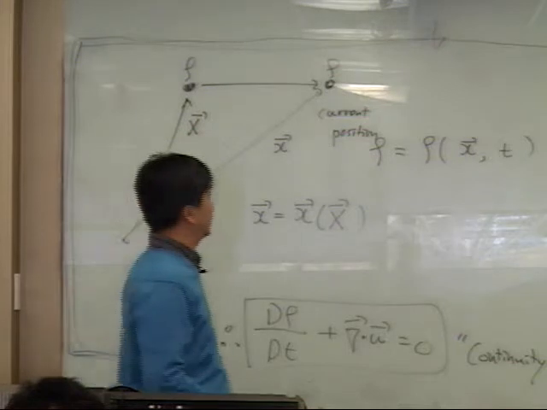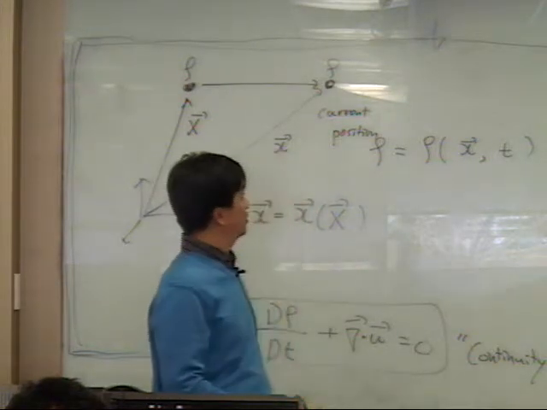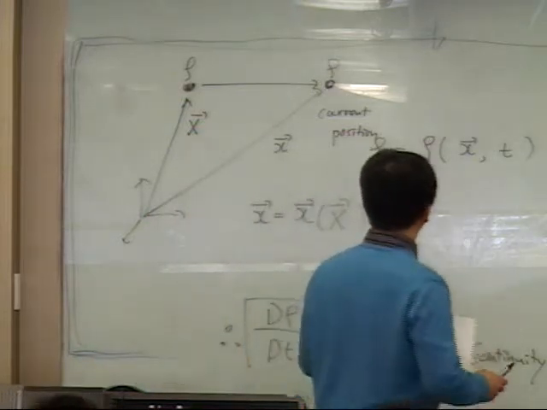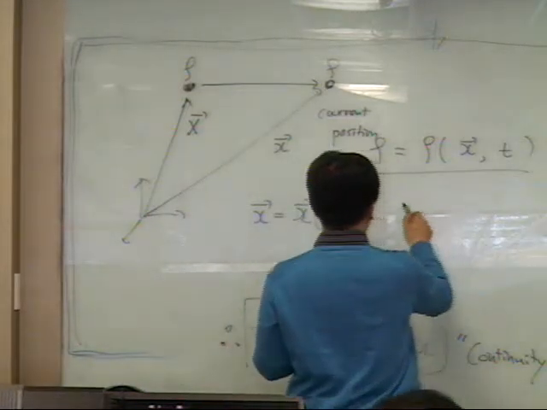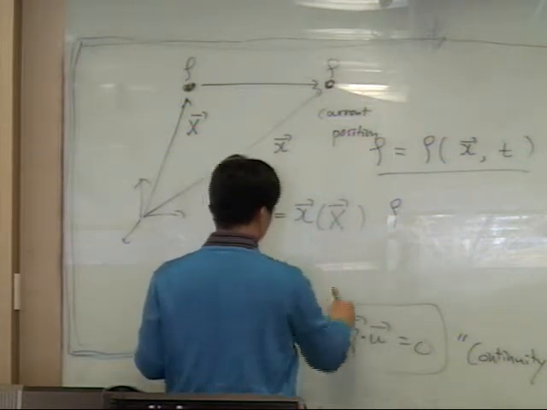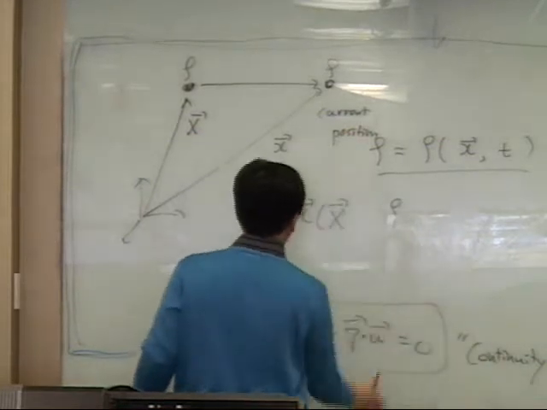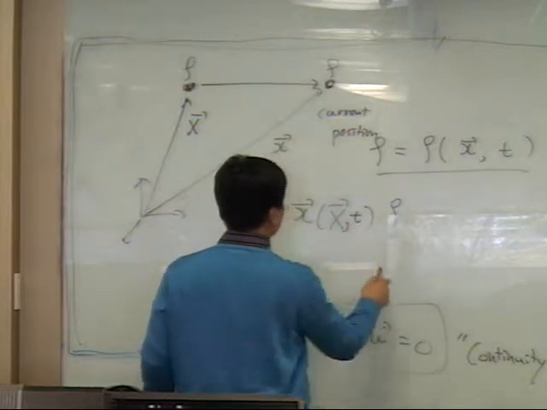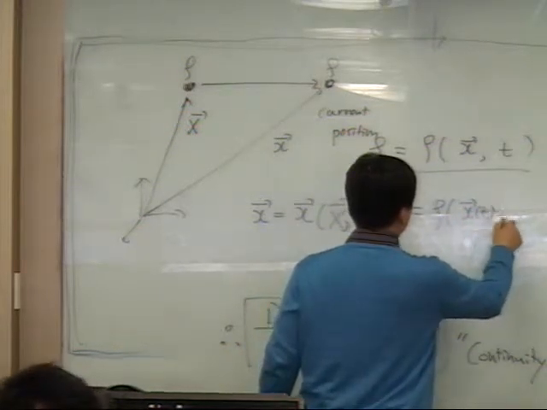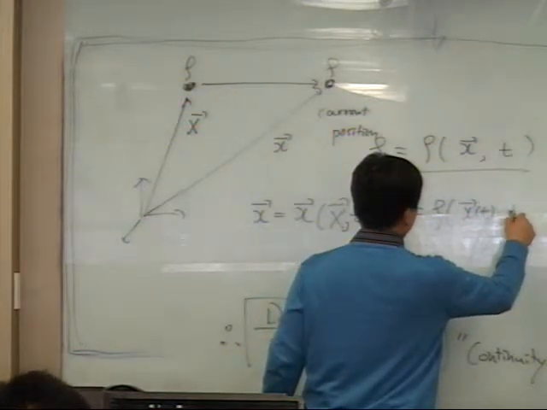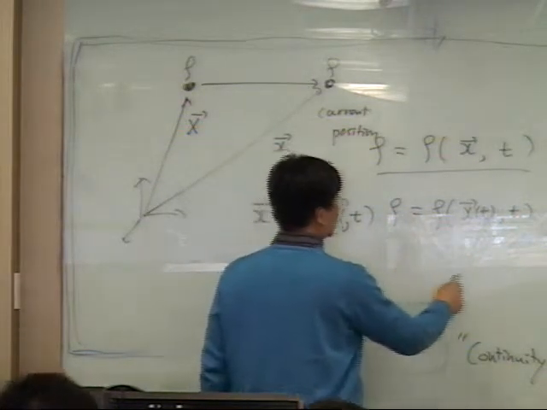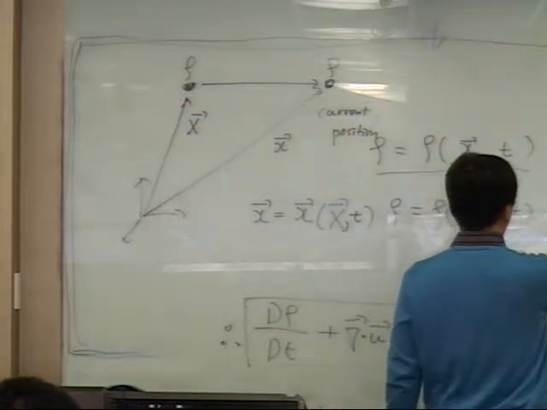Okay, then if we take the derivative over time, in this case, it is not only a function of x, it is also a function of time. So in this case, rho is a function of x, t and t.